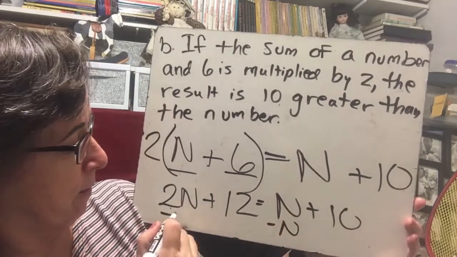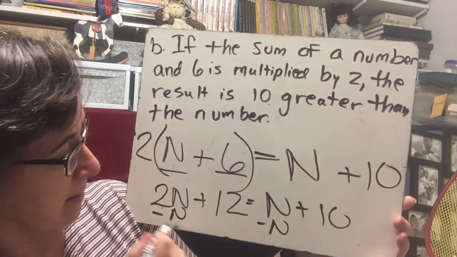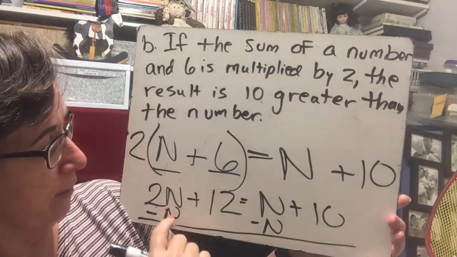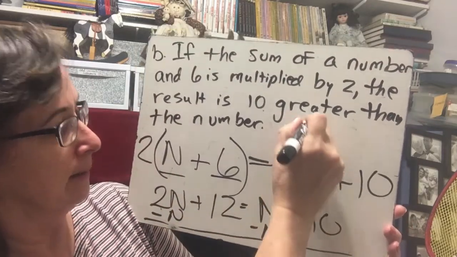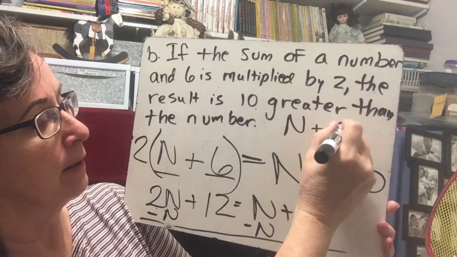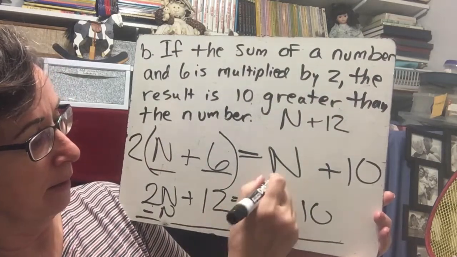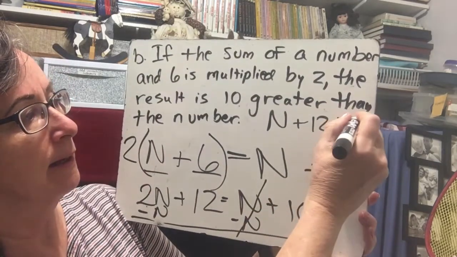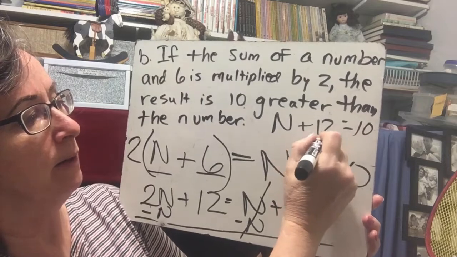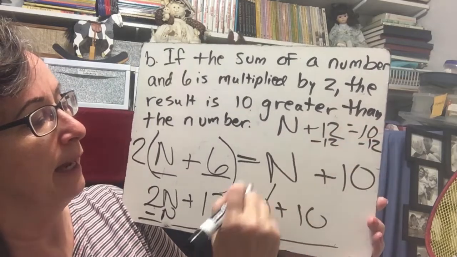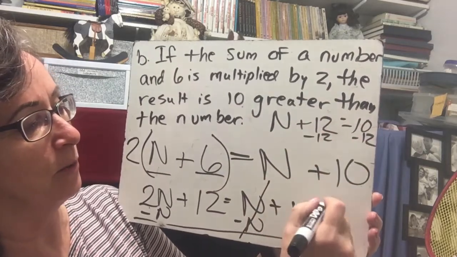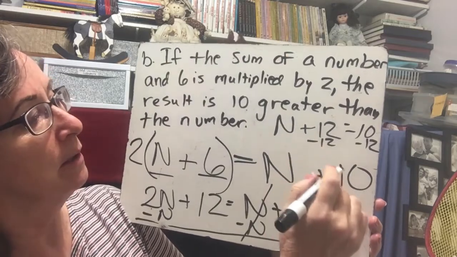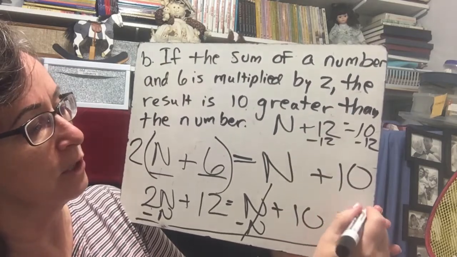Subtract n on that side. Okay, so we've got 1n plus 12 is 10. Subtract 12, and n is equal to negative 2. So n is negative 2. Let's check.